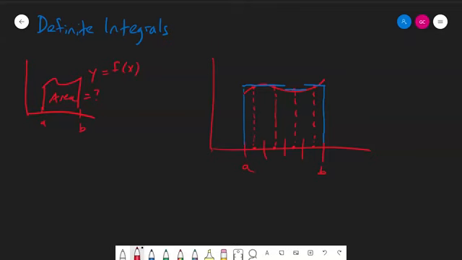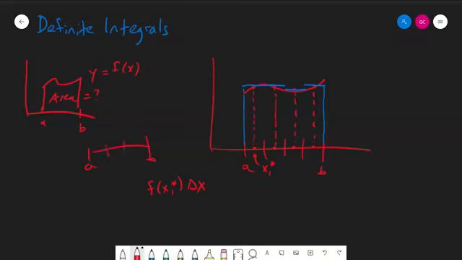And the actual arithmetic that you did here was, we called these sample points x1 star and so on, x2 star. So you're taking f of x1 star times delta x. Remember what delta x was when you have a and b and you have all these different x values.